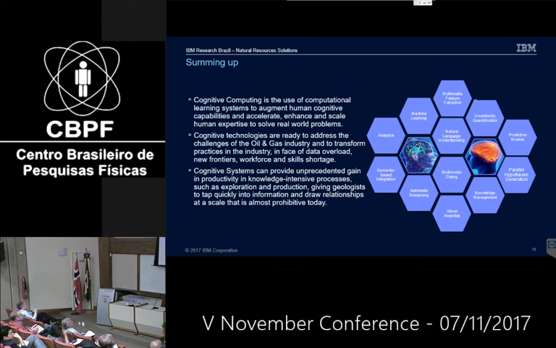Just to sum up, cognitive computing is a very powerful tool. It's not totally solved. That's why research is involved. We have many pieces that work very well alone, but putting everything together is not as easy as it looks at the first moment.